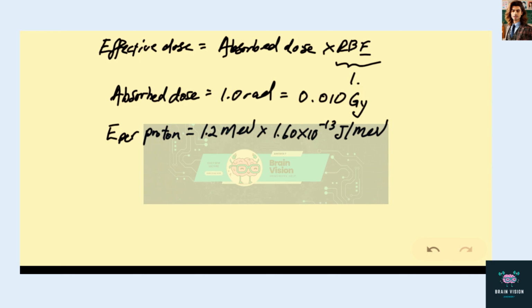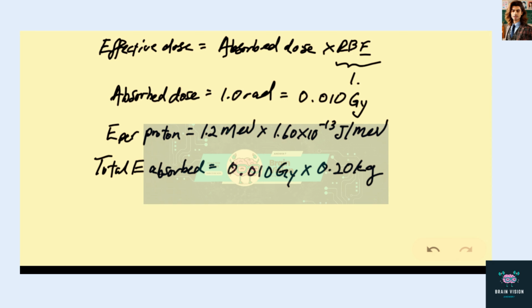Now we know that the absorbed dose, given in grays, is defined as the energy absorbed per unit mass. So we can find the total energy absorbed by the tumor by multiplying the absorbed dose, which is 0.010 grays, by the mass of our tumor, which is 0.2 kg, to get the total energy absorbed in joules.